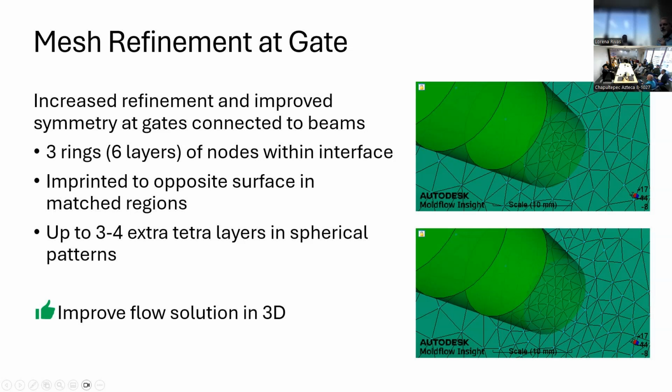TET mesh tool. As a bit of background, when we connect a beam runner system to a TET mesh, every layer in the runner system will try to map the data locally to the TET mesh. So we're always trying to get multiple nodes underneath the gate to map to.